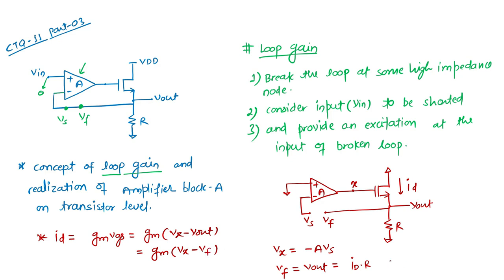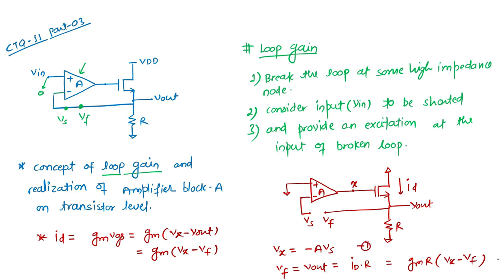Okay, so what I can write here, Vf is gm R times (Vx minus Vf). This is the Vf we are getting here. Okay, and Vx we know, these are two equations.